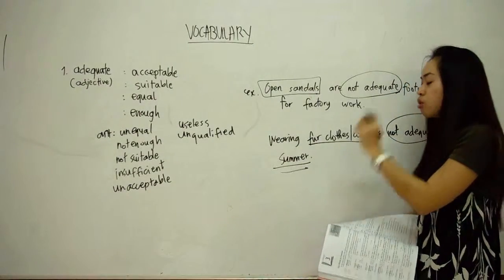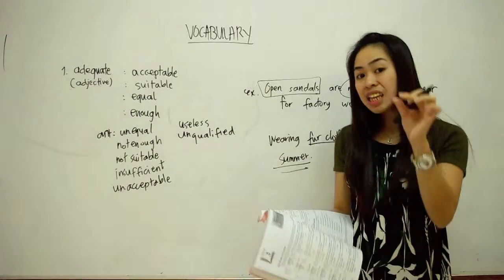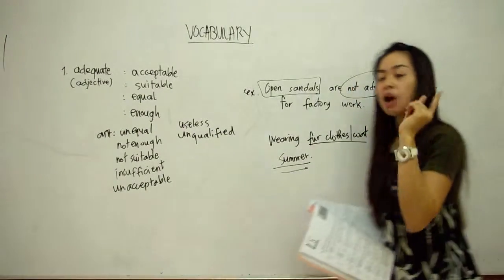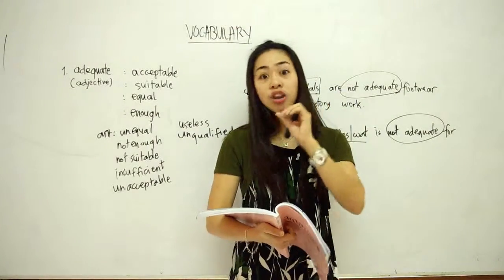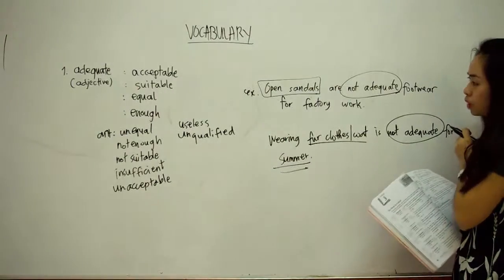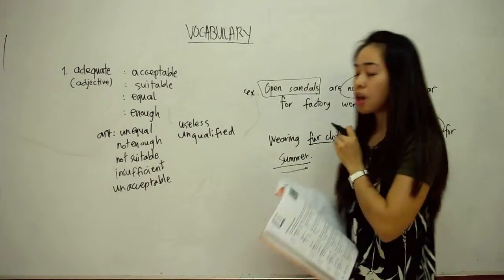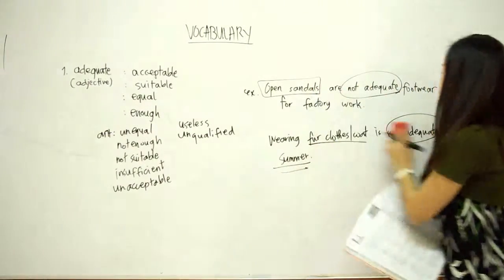So it means that you should wear something that is thin. An adequate attire for summer should be something thinner, or cotton, but not a fur coat. So the word adequate here stands for something that is appropriate to wear. I hope you got it.